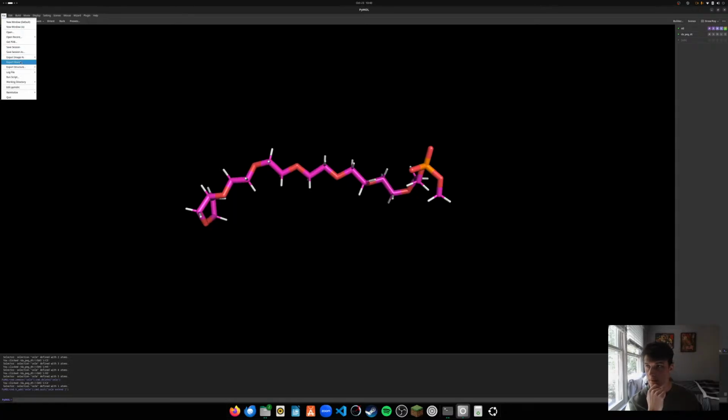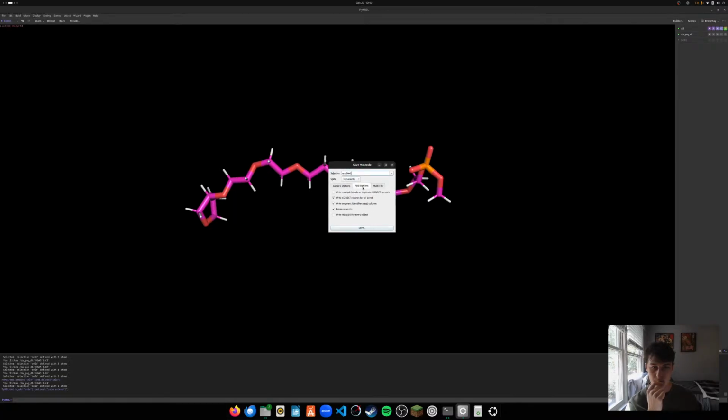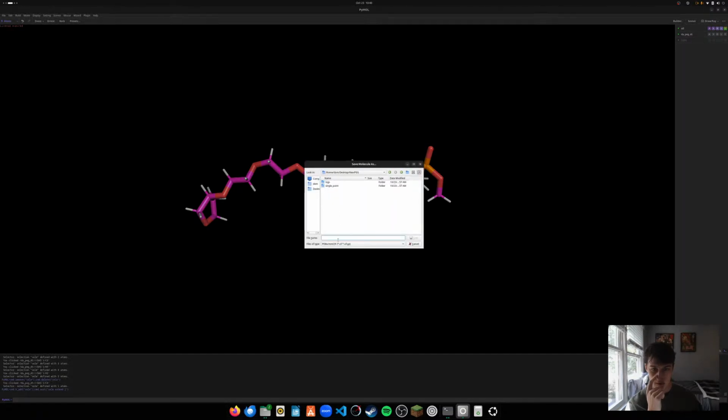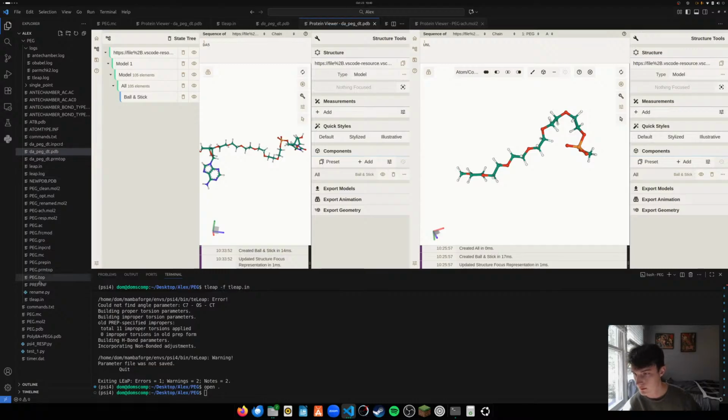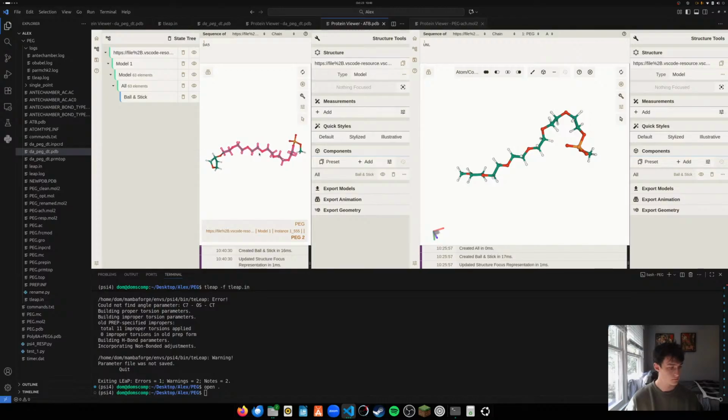So we will file, export structure, export molecule, save, write connect records, save as a PDB, and we'll do ATB, save. Let's see what this looks like. Oh, so the job estimate got an error, apparently.